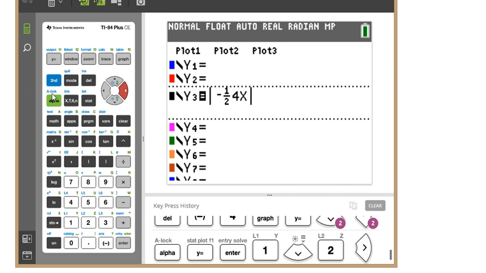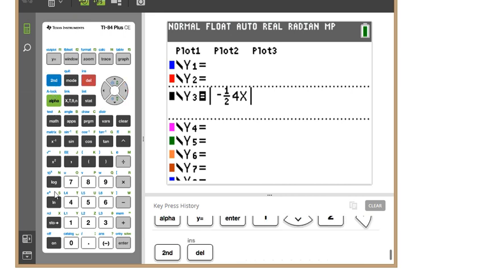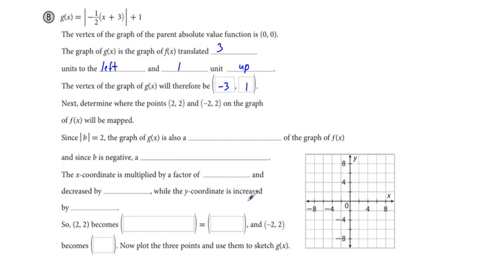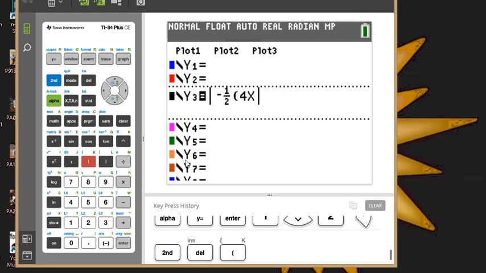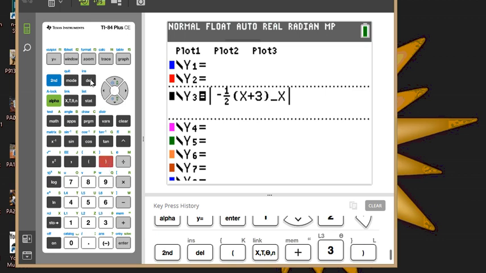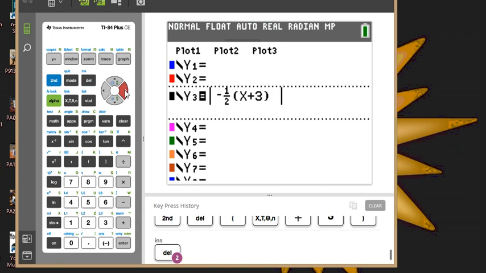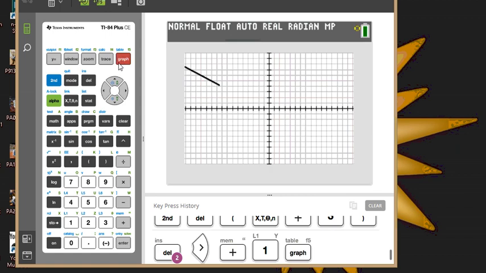I'm going to go to second INS. Make sure I get this right, quantity x plus 3, close parentheses. I'll delete the rest of this. And then we come outside here, plus 1. And we graph the function, this is what we get. See, the vertex is 3 to the left, 1 up. So that's exactly right.